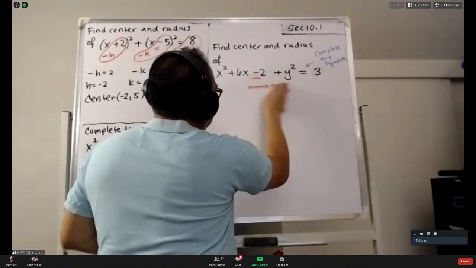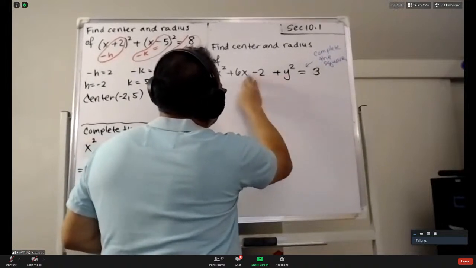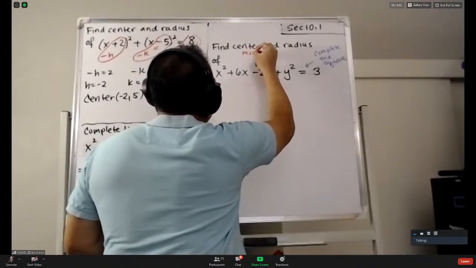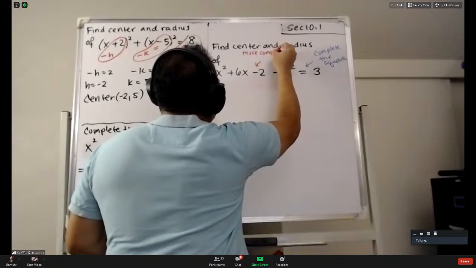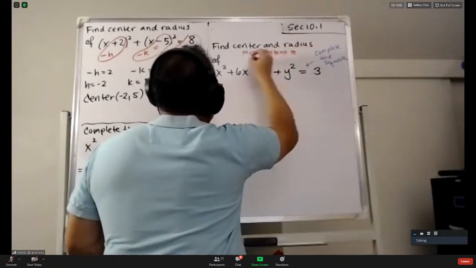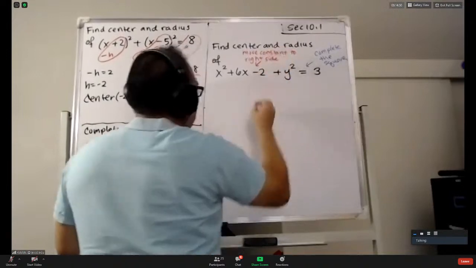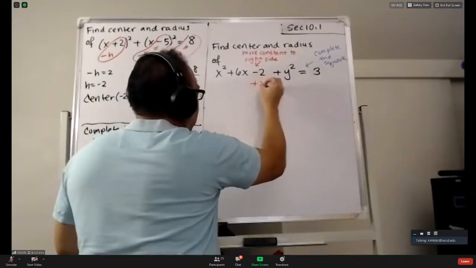Oh, sorry, let me write it up here. So what I'm going to do is add 2 to both sides.